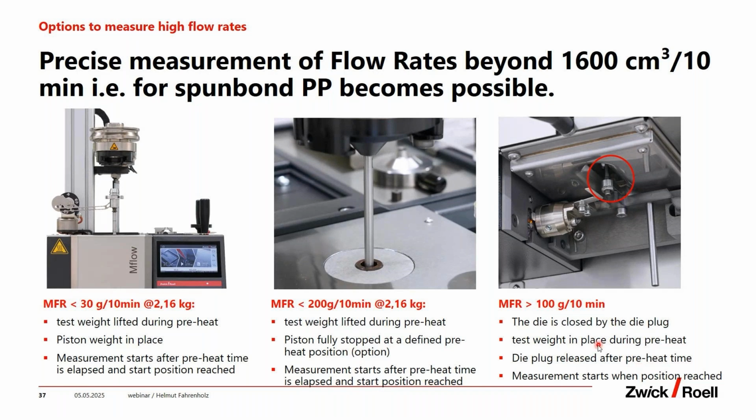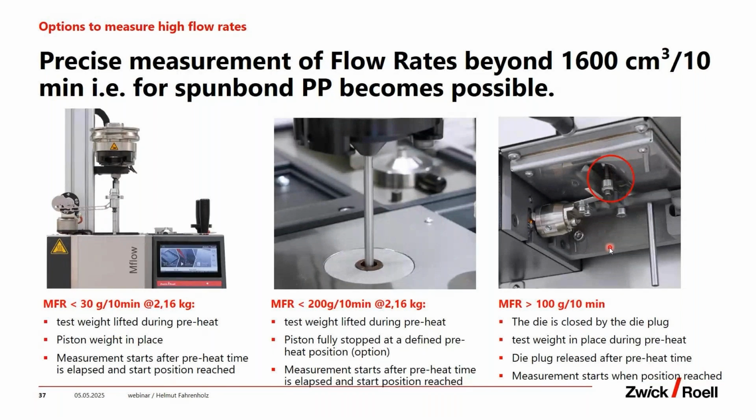But if you have very high values, and I would say this is higher than 200, but you can surely apply it before, then you may use a die plug. A die plug is always a little bit a source of trouble, because it sucks a little bit of the temperature from the die.